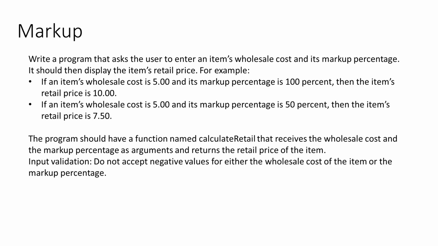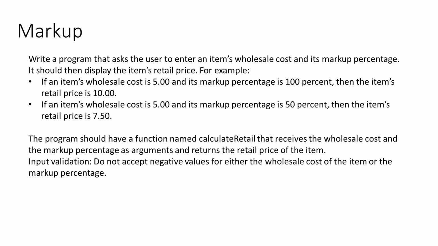If an item's wholesale cost is $5 and its markup percentage is 50%, then the retail price is $7.50. The program should have a function named calculateRetail that receives the wholesale cost and the markup percentage as arguments and returns the retail price of the item.